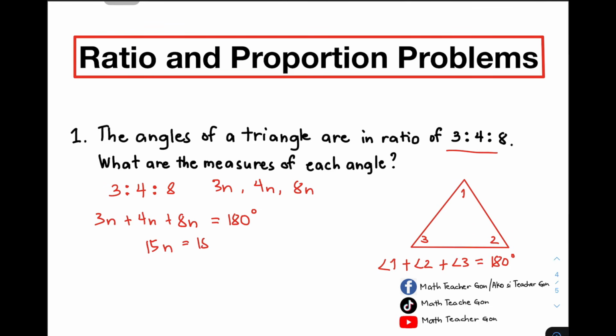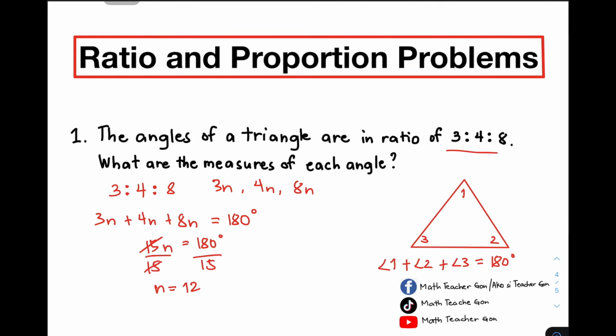That is equal to 180 degrees. So, what will happen here is that you will divide 180 by 15. It's 180 divided by 15, and that will give you, cancel, your n is equal to 12.